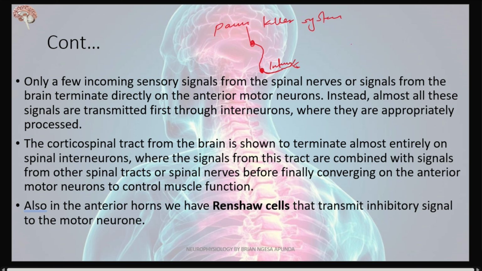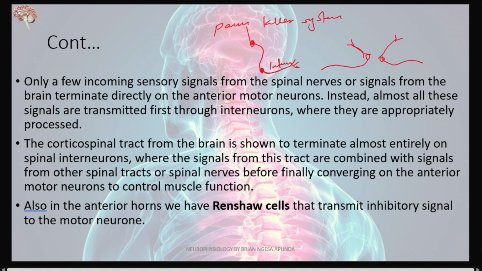So let's say we are having an interneuron over here. So for convenience, let's just draw two. You're having an interneuron, and then from this interneuron, on the ventral part, they are joined with the cell body of the anterior motor neurons.